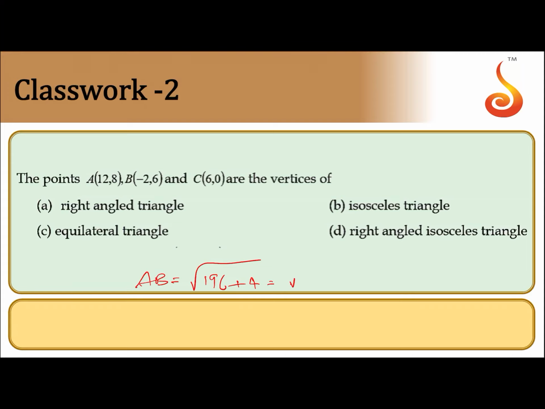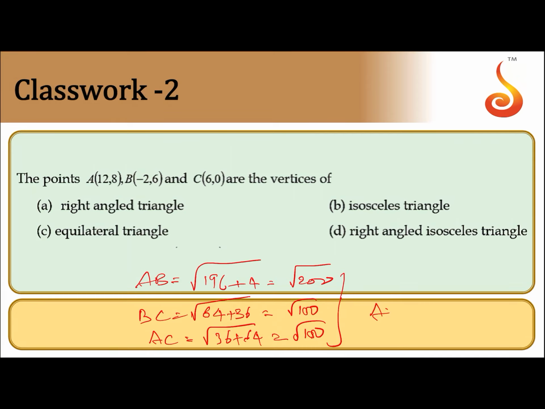I hope you'll be getting 200. Let me consider BC: 36 plus 64, which is root 100. And AC is under root of 36 plus 64, which is root 100.